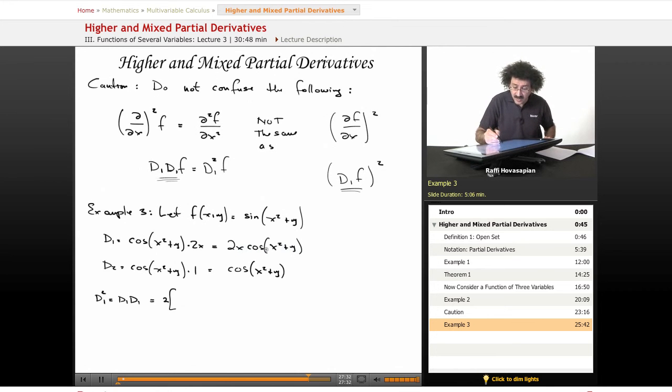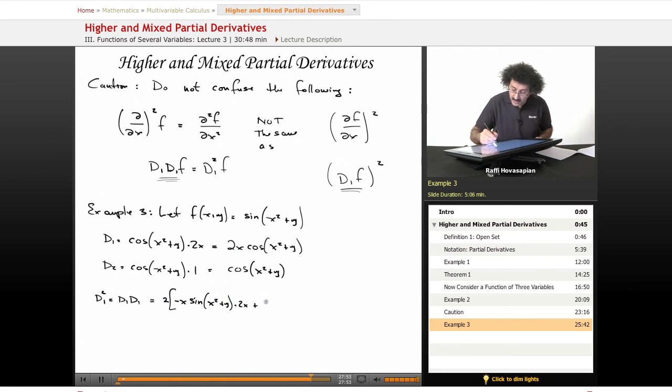So it's going to be minus x times sine of x squared plus y times 2x, plus this times the derivative of this, which is just 1.